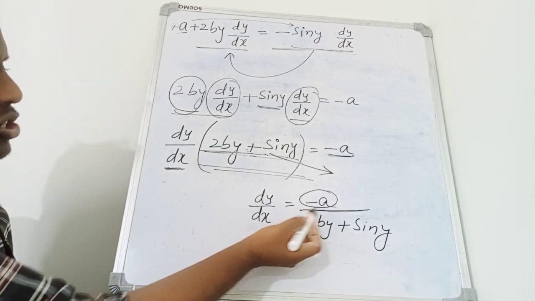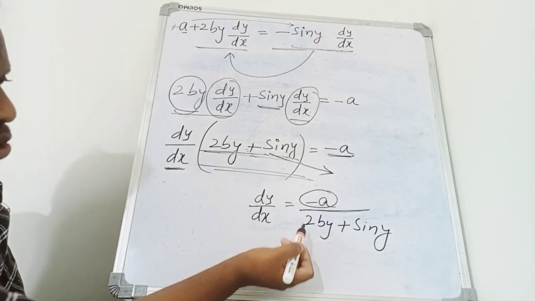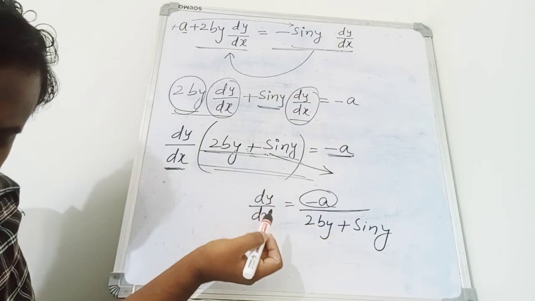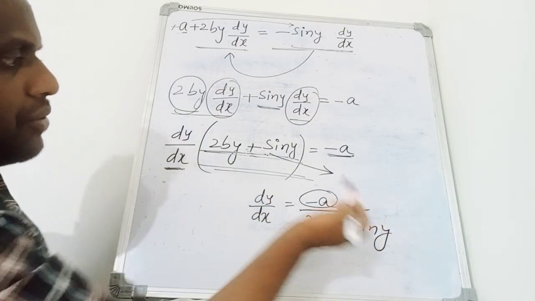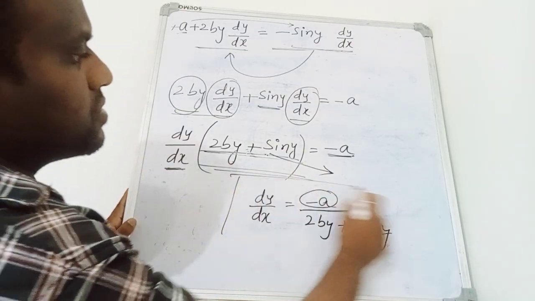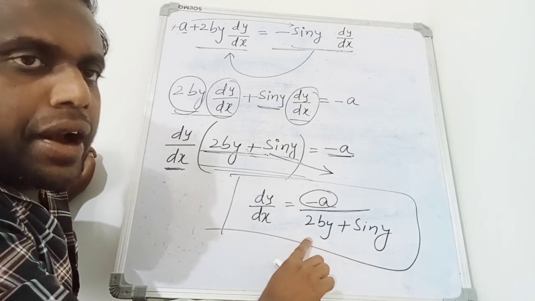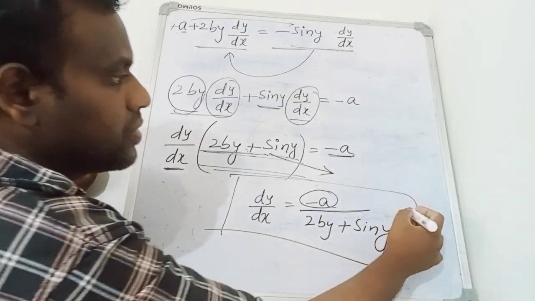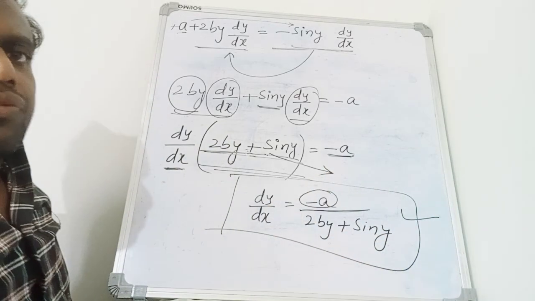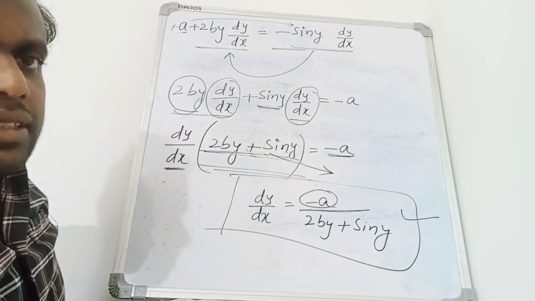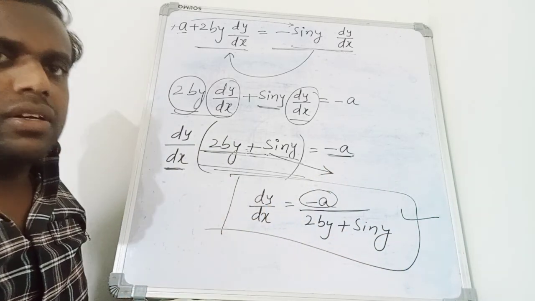So dy by dx is equal to minus a whole divided by 2by plus sin y. So this is the answer. This is our required answer. We got it. I hope you understood till here. This is the final answer.